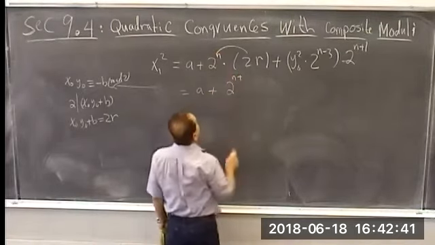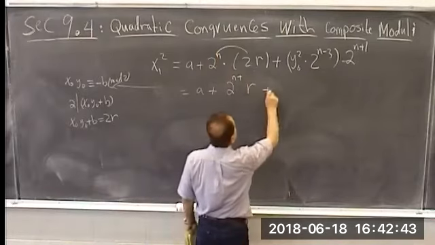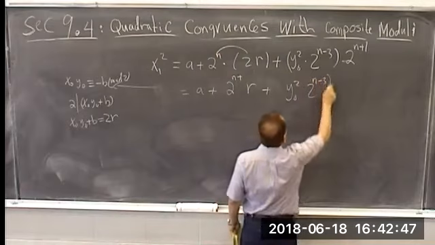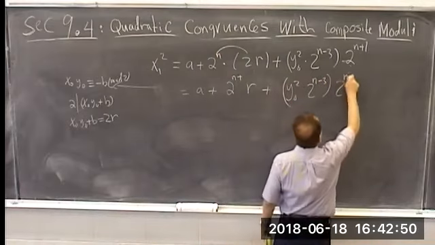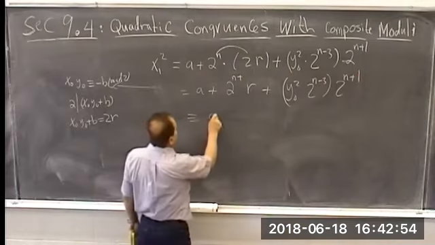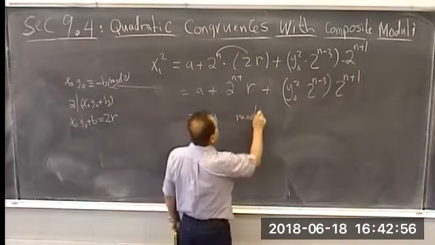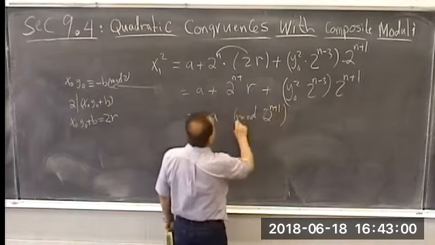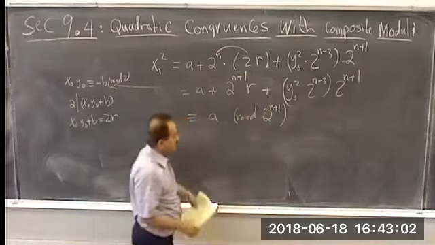So we're going to combine these together: r and y squared 2 to the n minus 3, 2 to the n plus 1. Now, this is congruent just to a mod 2 to the power n plus 1. Of course, here we need the plus 1.